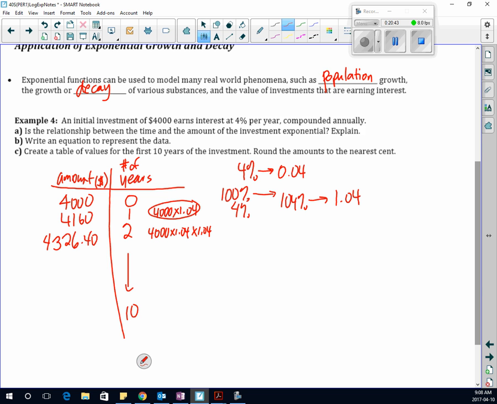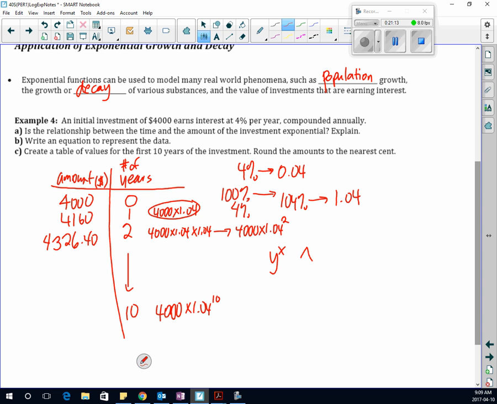So in year 2, how could I write that? I'm not going to write this as this times this. It's really 4,000 times 1.04 to the power 2. Do you see that? So what do you think it would be in year 10? 4,000 times 1.04 to the power 10. So do you know how to punch that in your calculator? There is a y to the x button, or you might have a little, I call it a caret.